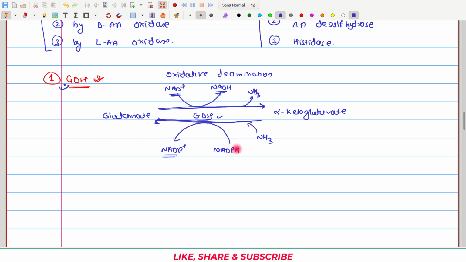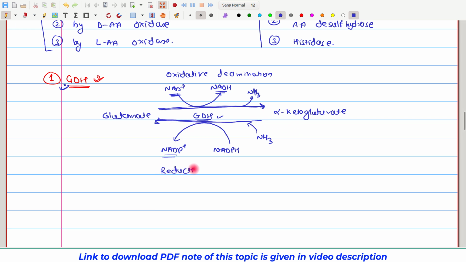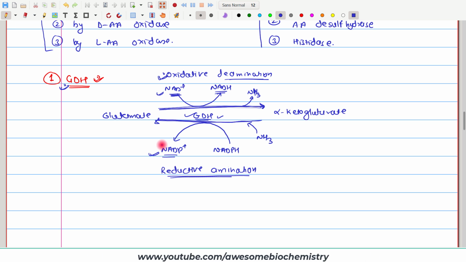In the forward direction there is oxidation and deamination; in the reverse direction there is reduction and amination. So, in other words, oxidative deamination is NAD plus dependent, whereas in reductive amination the same enzyme is dependent on NADP, right. This we have to keep in mind.